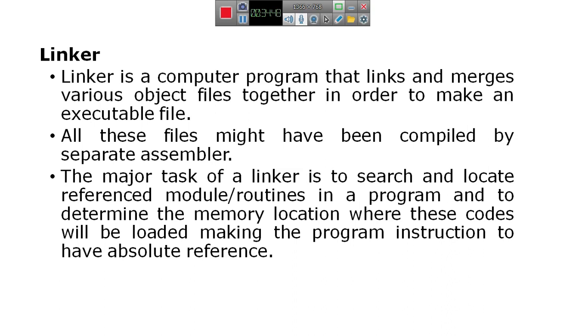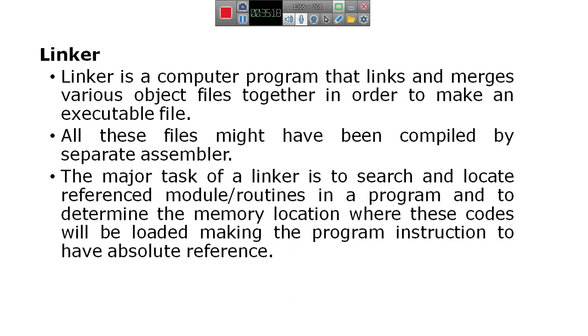Each and every high level programming language has some predefined functions. Those functions are available in the library of that particular language.